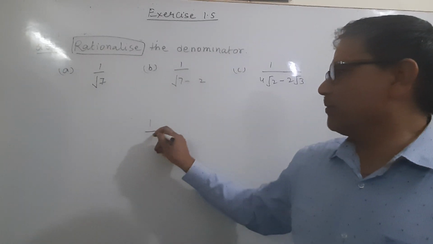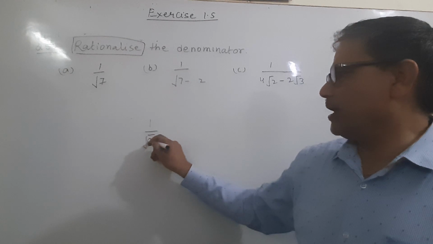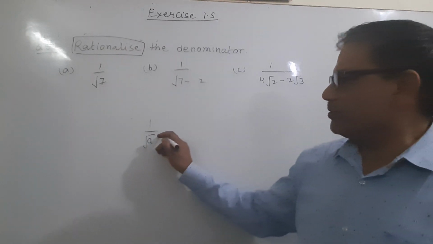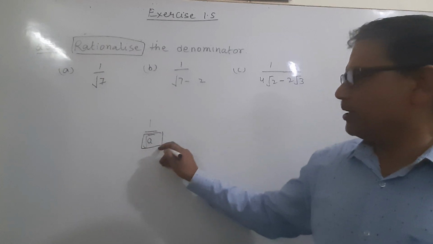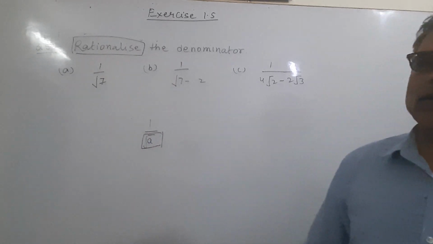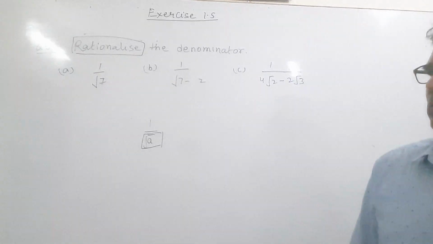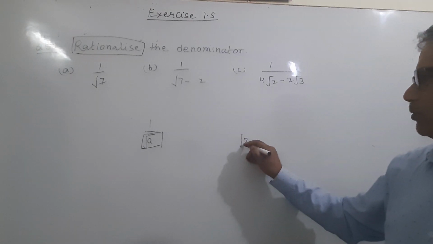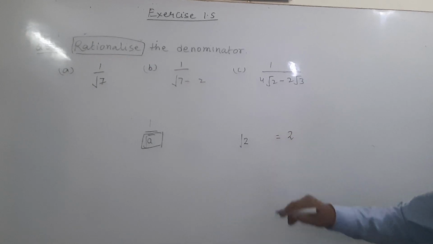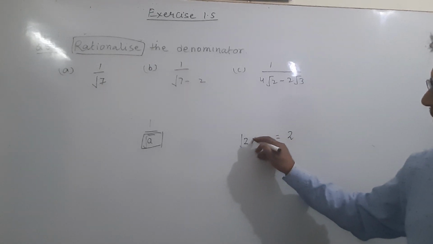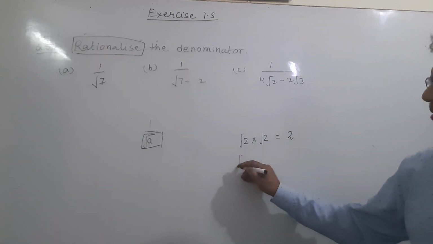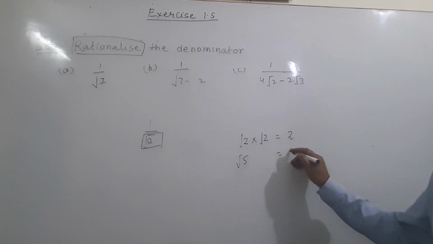It means if we are given any denominator root a, which number must be multiplied and divided to make this denominator a rational number? You know very well root 2 we can convert into 2. Then we have to multiply it by which number? Root 2. For root 5, we have to make it 5.